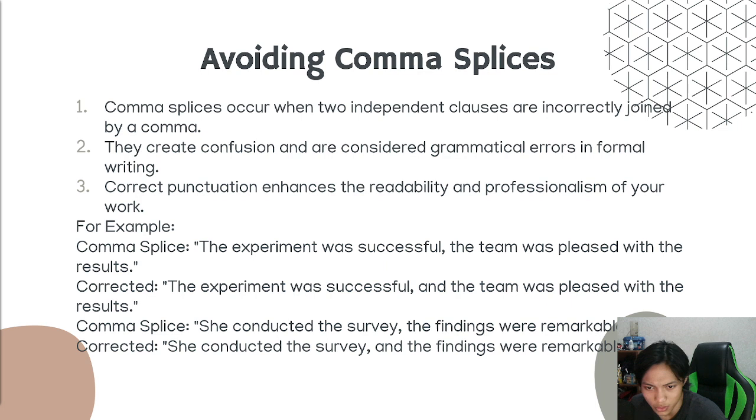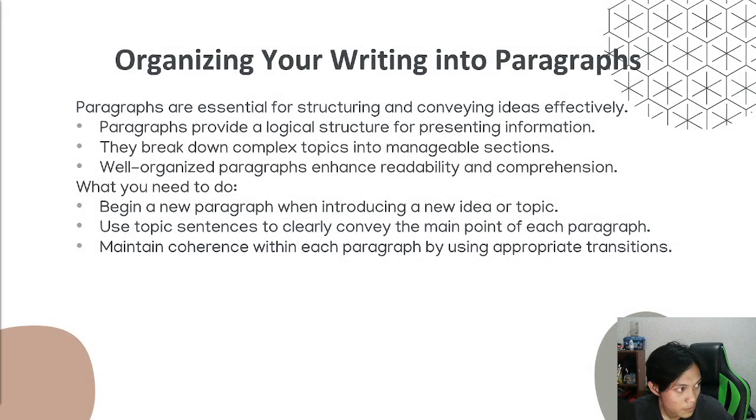The corrected one should be "The experiment was successful, and the team was pleased with the result." You have to add a word in the middle to connect the two sentences.